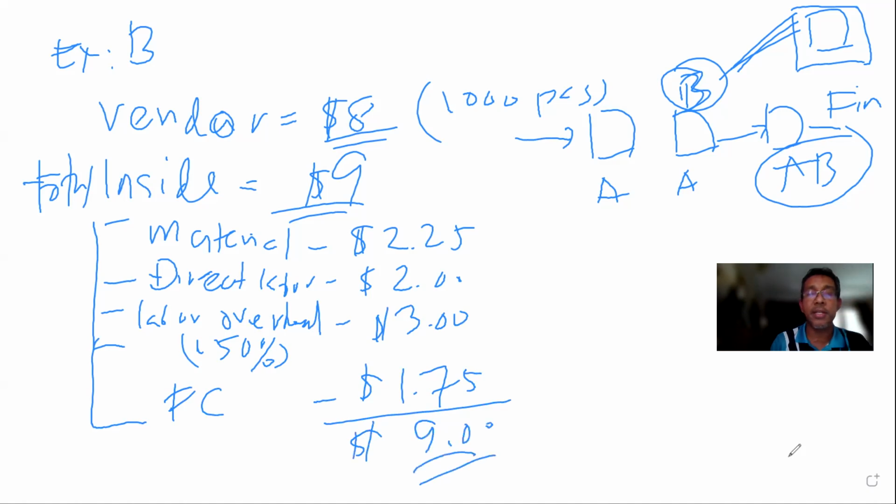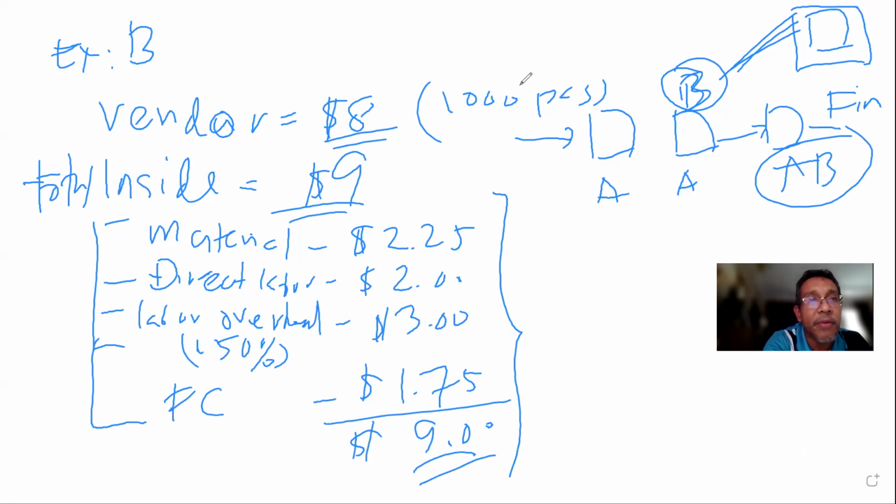So that is the total. From this, what can you say? What is your decision right now? Still the outside vendor or inside? Still outside, sir. But when you see this one, if you buy outside, I change the color.